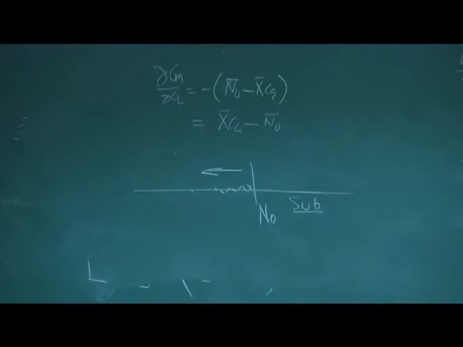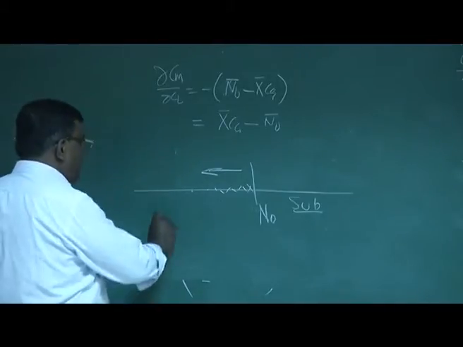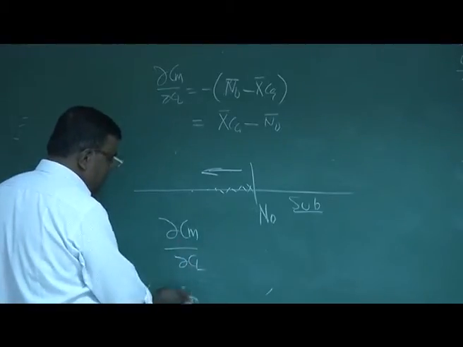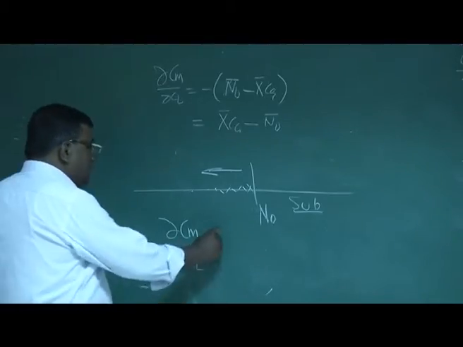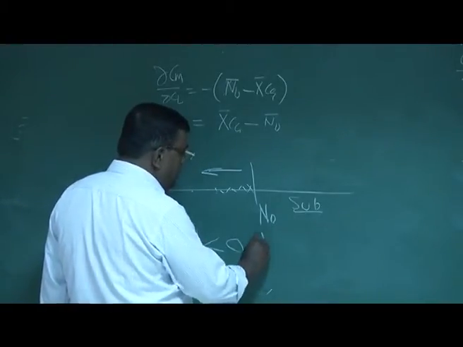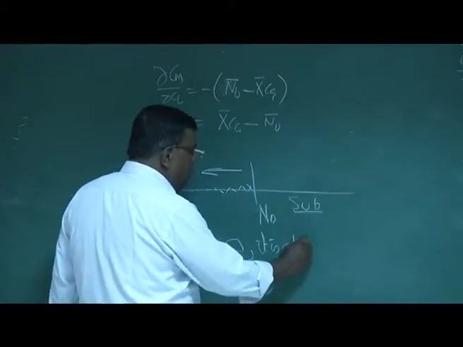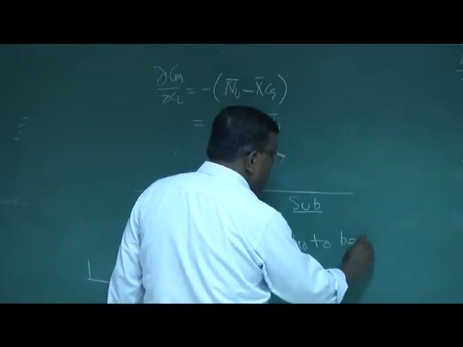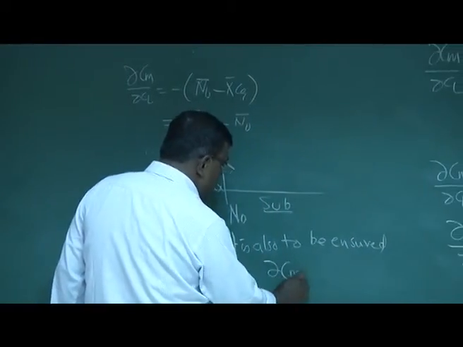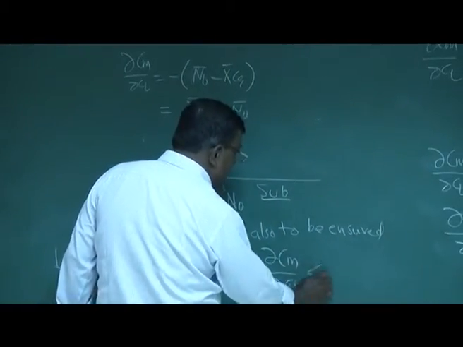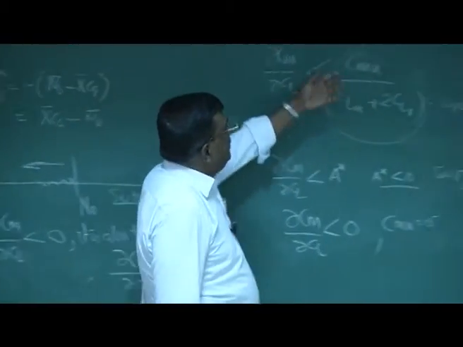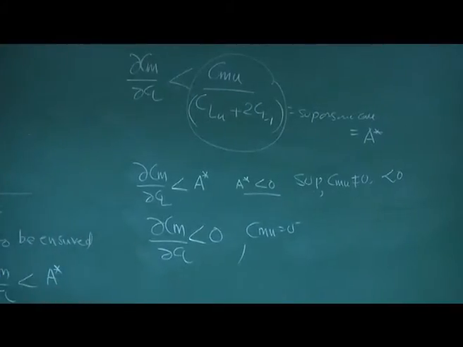Correct? But for the supersonic case, what is dCm/dCl when it takes care of dynamic stability also? It says it is not just less than 0. It is also to be ensured that dCm/dCl is less than A star, where A star is negative, given by CMU/CLU plus 2CL1.